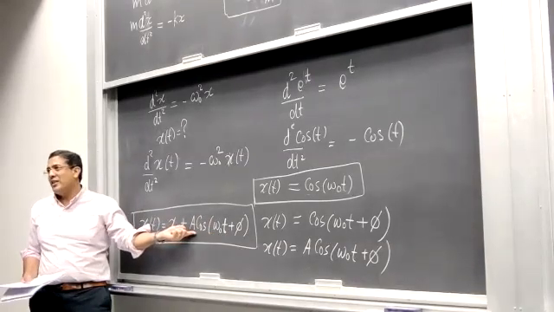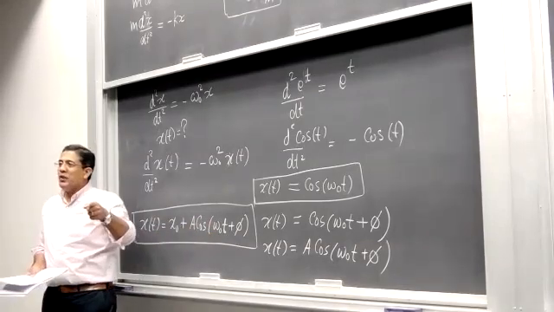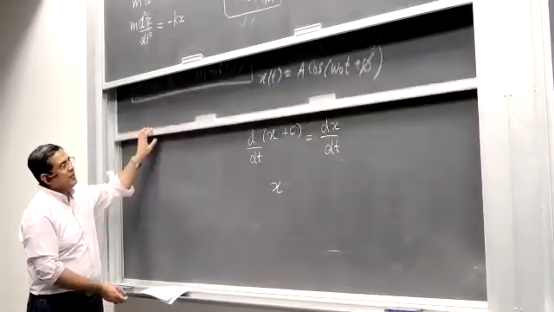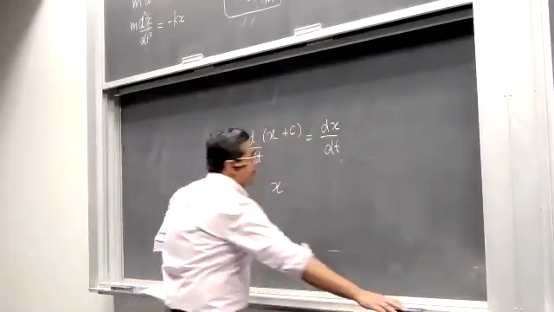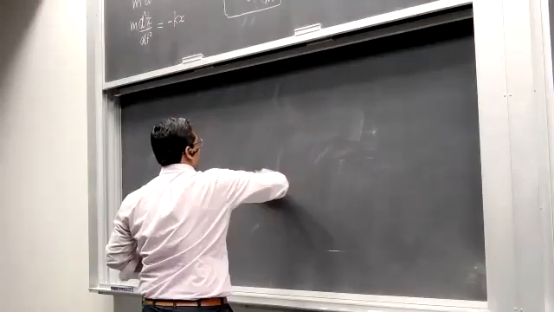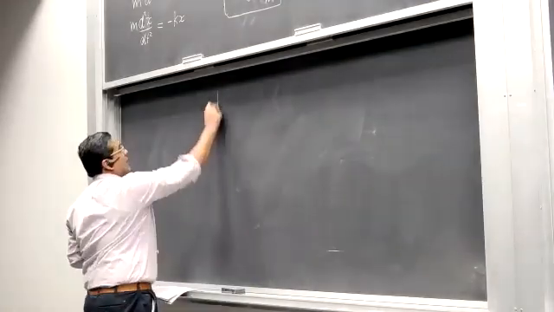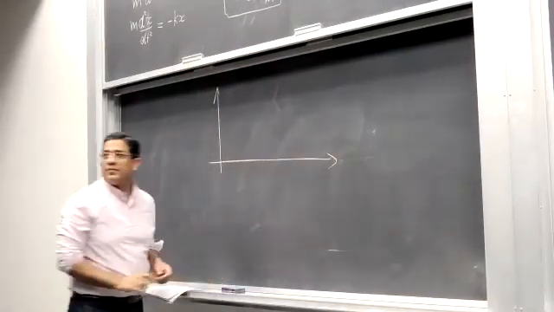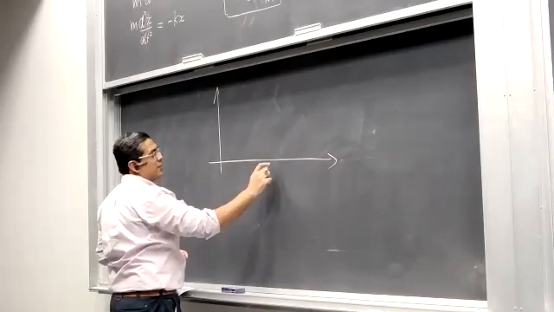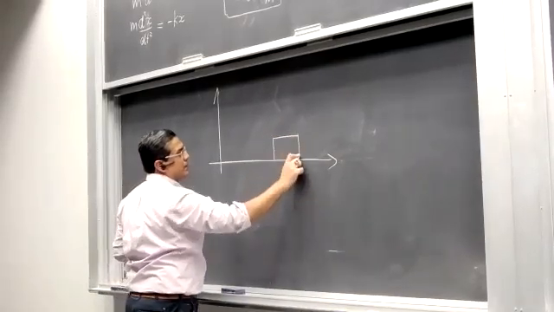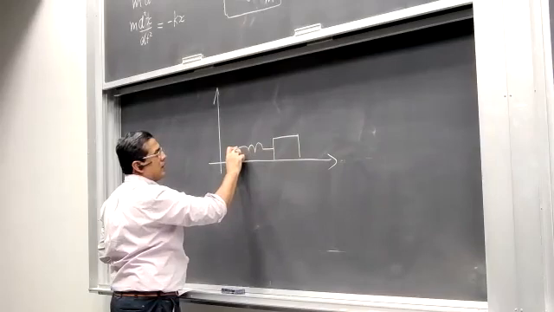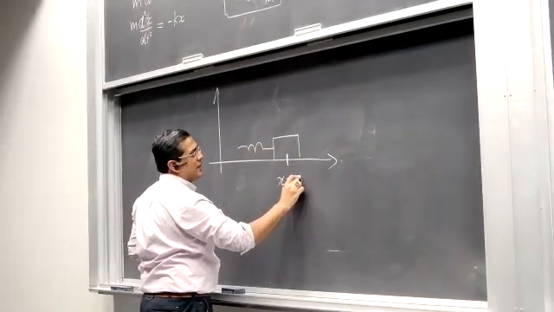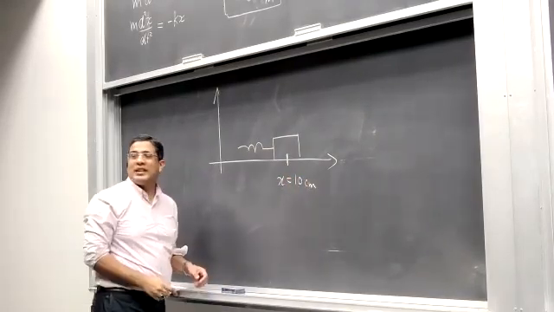It can be 1, it can be 20. Let me make this clear. If this is your coordinate system, and you have a spring mass system, and its equilibrium position is x equal to 10 centimeters, that is x naught.